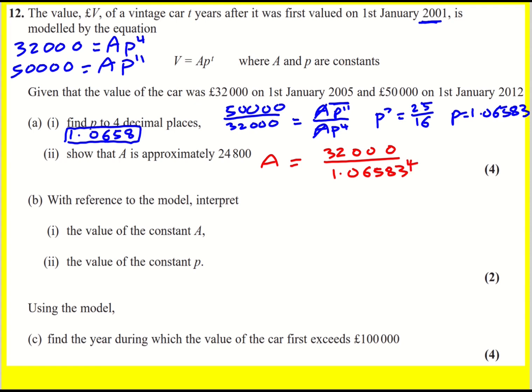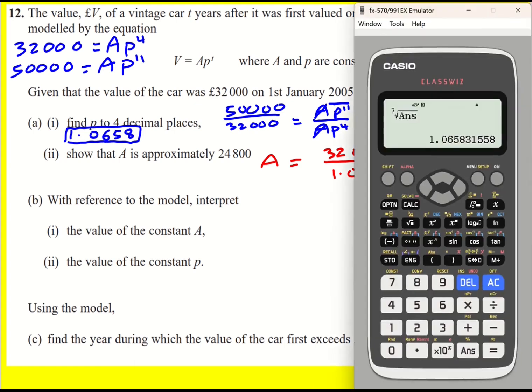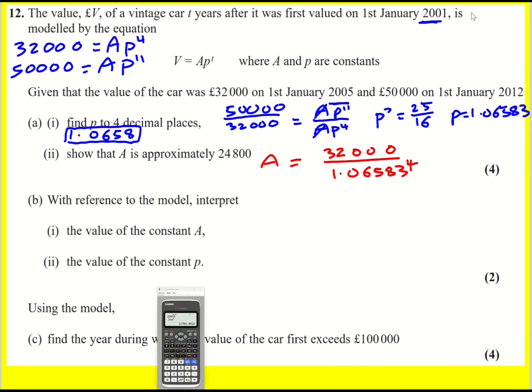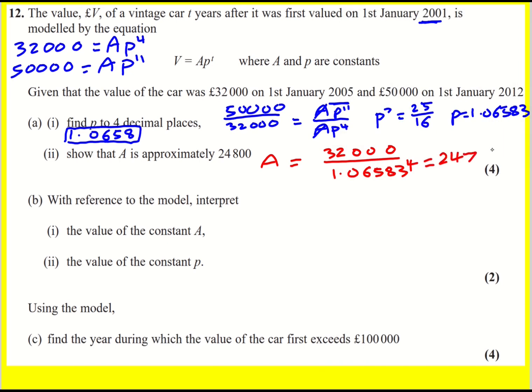Then I'm dividing by that to the power of 4. 24796.8, which is approximately 24,800.